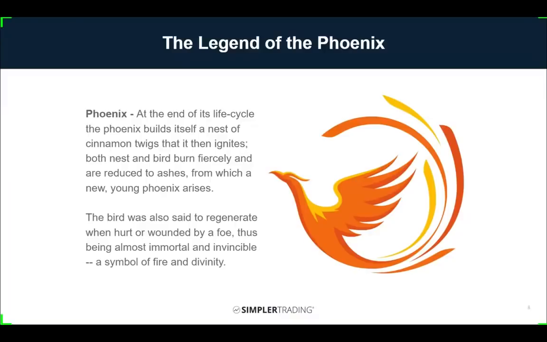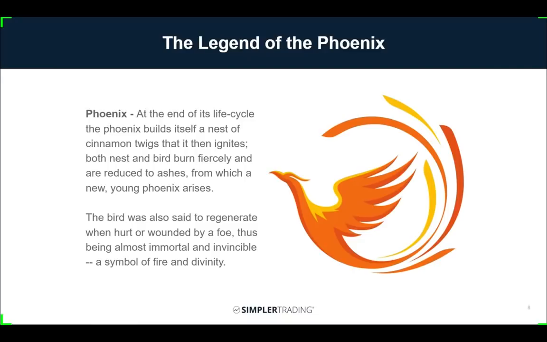Why do I call it the Phoenix? I'm sure a few of you are familiar with the legend of the Phoenix. It's a bird that at the end of its life cycle builds itself a nest of cinnamon twigs and then ignites, and both the nest and the bird burn fiercely.